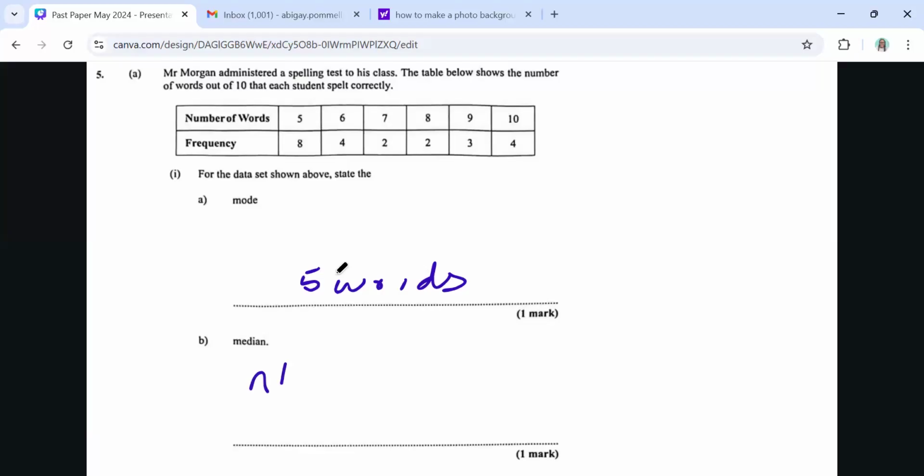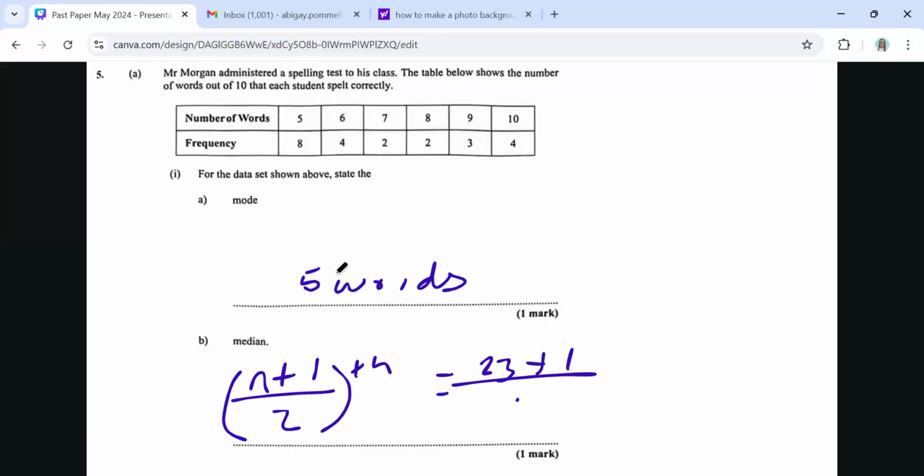So our formula is N plus 1 divided by 2. So N is 23, plus 1, divided by 2. That is 24 divided by 2 gives us 12. So our median is in the 12th position.